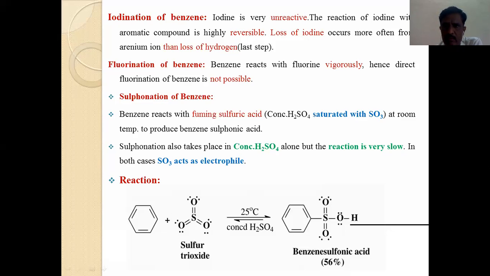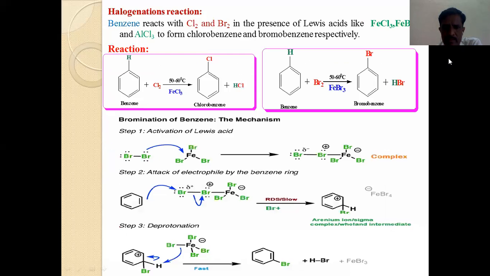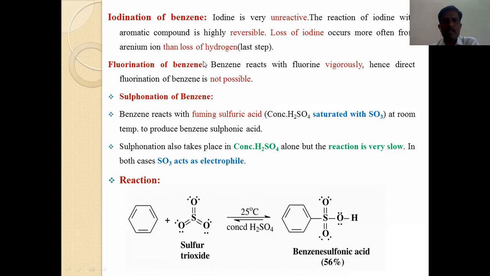Just observe here, friends: in the previous case I showed that in step third there is a deprotonation. For getting stability to the entire benzene molecule, the proton should be eliminated from this one. Instead of elimination of proton, what happens in iodination? Iodine is eliminated, and that's why iodination is not possible on the benzene molecule.